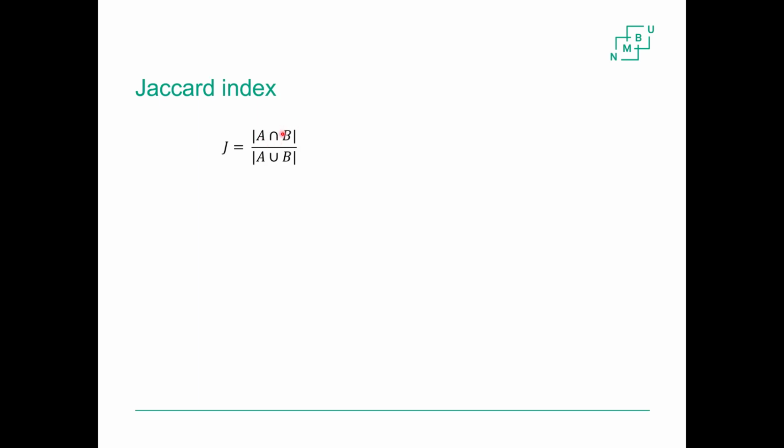It could have been numbers, it could be names, it could be anything. So this is a very, very general idea. And what is the Jaccard index? It is the size of the intersection, and these absolute value bars indicate the size of this set, divided by the size of the union.